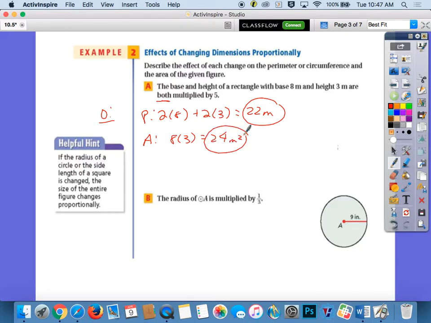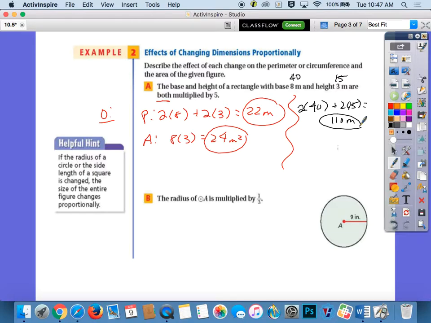Now, they're both multiplied, so let's see how that changes for our manipulated dimensions. If they're both multiplied by 5, this is going to become 40, and this is going to become 15. So I have 2 times 40 plus 2 times 15, and that perimeter is going to be 110.